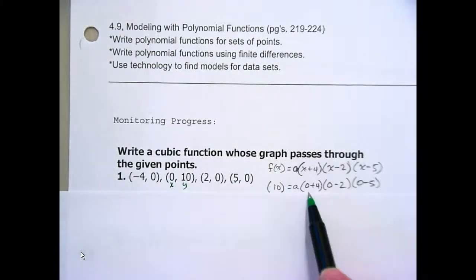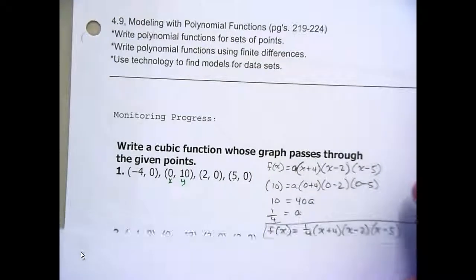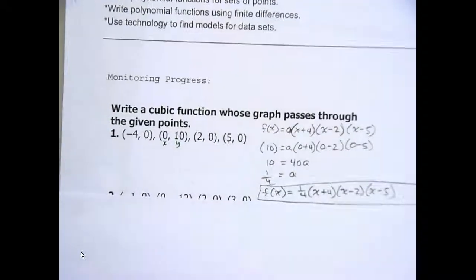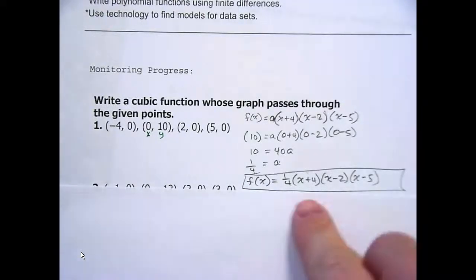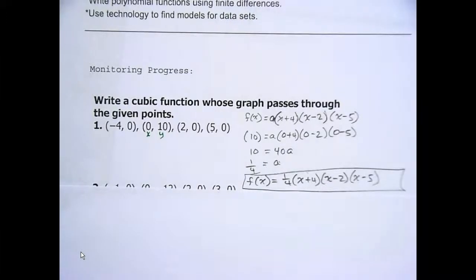For 10 and 0, I solve for a, I get 1/4, so f of x is equal to 1/4 times x plus 2 times x minus 2 times x minus 5. Oh, x plus 4 times x minus 2. Excellent, thank you.